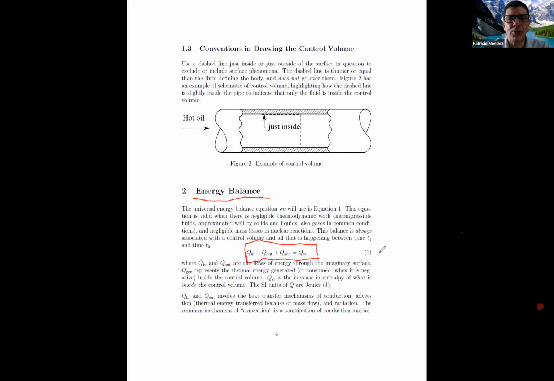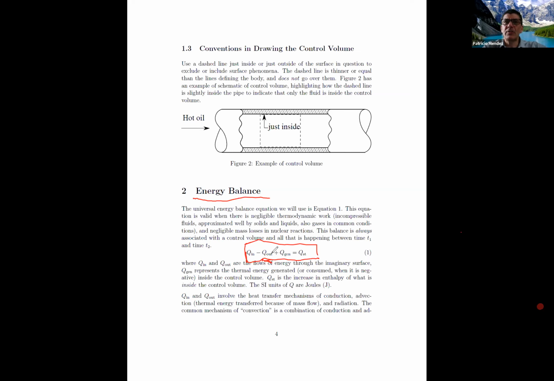And we have 4 terms here. We have Q in, that means the heat that came into the control volume, thermal energy that came into a control volume. Then we have Q out, that is heat that went across the surface of the control volume from inside to the outside.